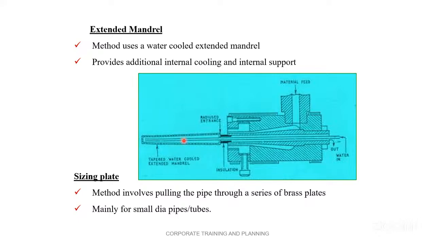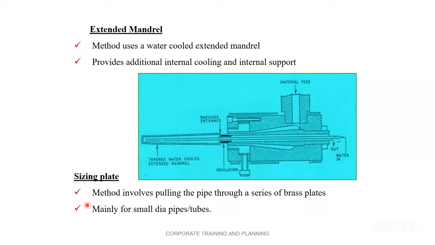The pipe will slide over the mandrel. This is a mandrel here, friends. And this method, we just say water cooled extended mandrel. It provides additional internal cooling and internal support.